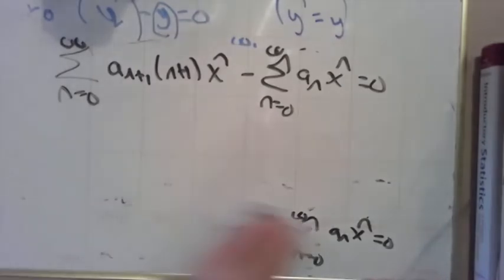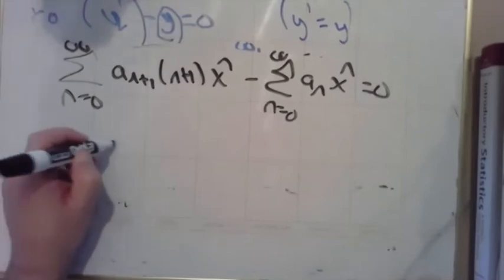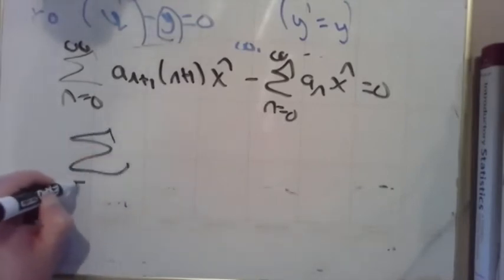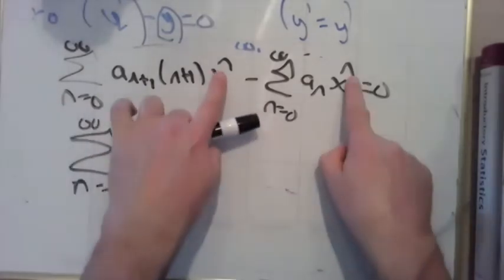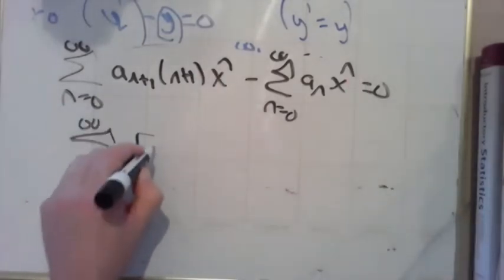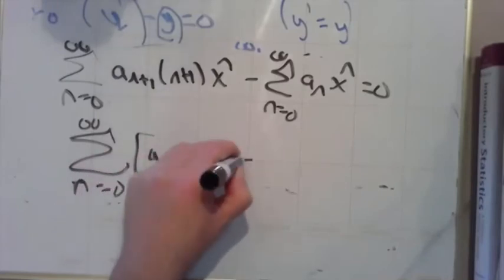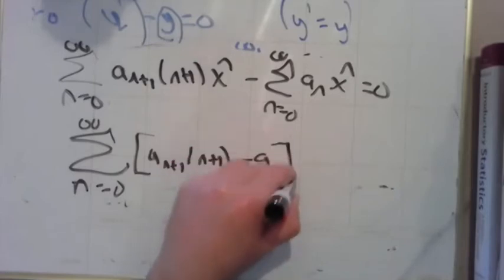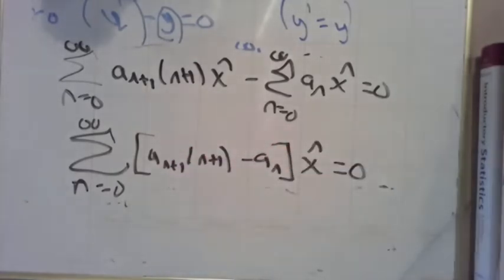Now I can squish the sums together into one single sum. I have to make these match and these match before I can do that. So the sum n equals 0 to infinity of a_(n+1) times (n+1) minus a_n, times x to the n, equals 0.